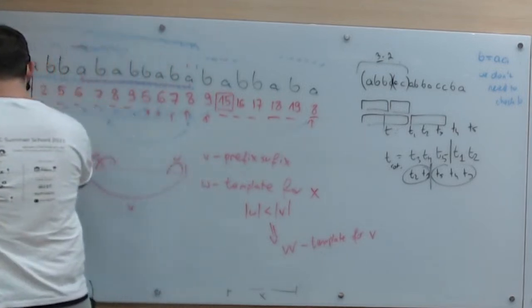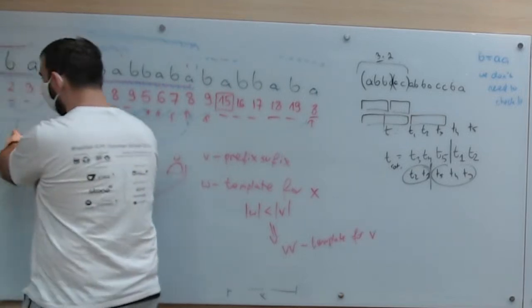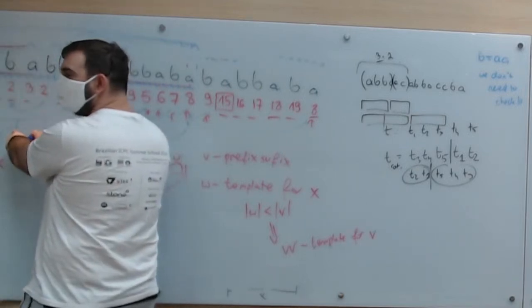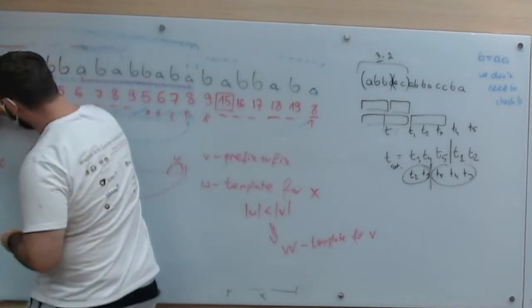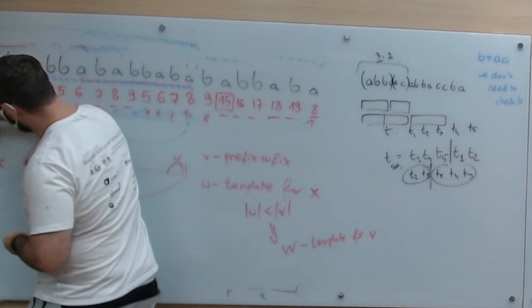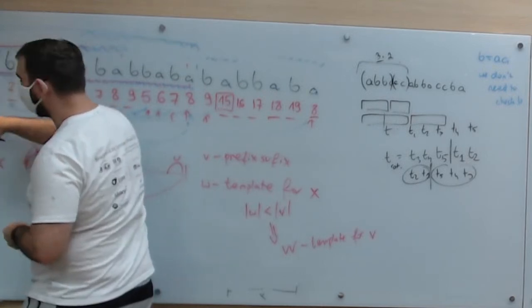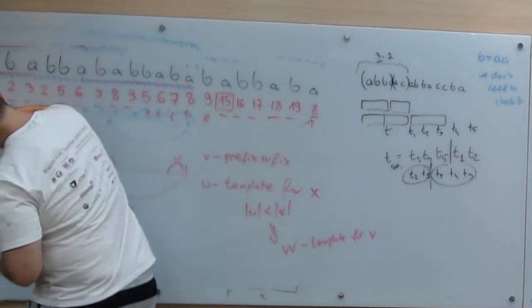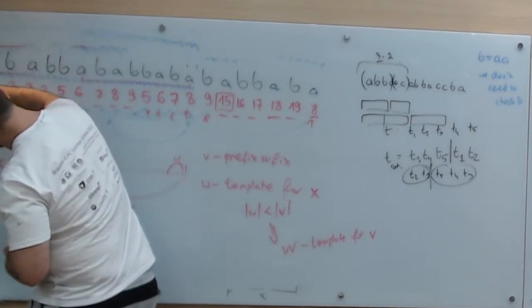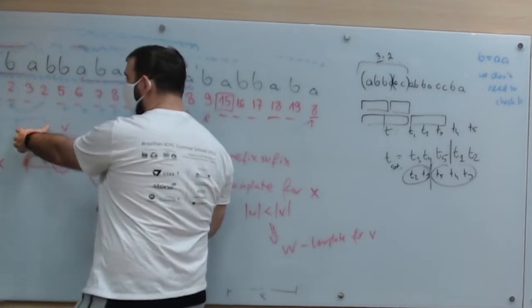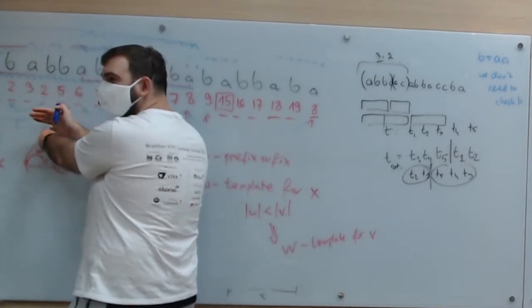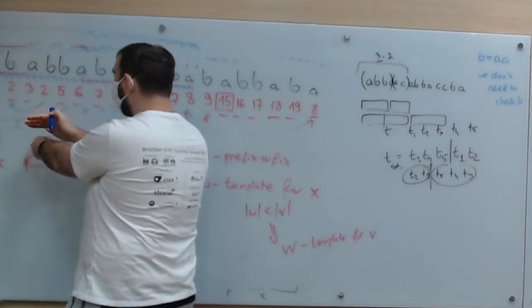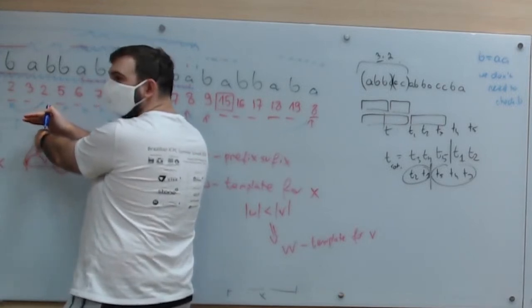So if we can reach the previous coverage of this template by prefix suffix, we know that it has to be here as well. So we'll call it the range of the template. If our prefix suffix is reaching the range of the previous template, that means it will also be our template.